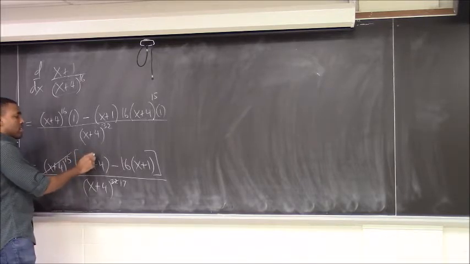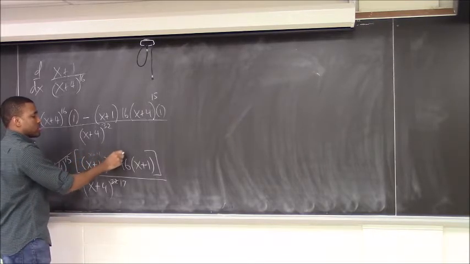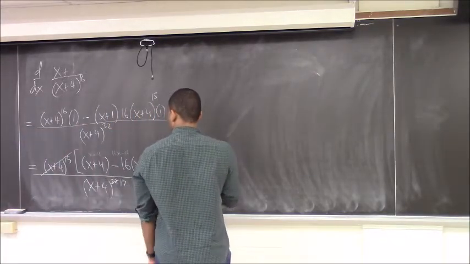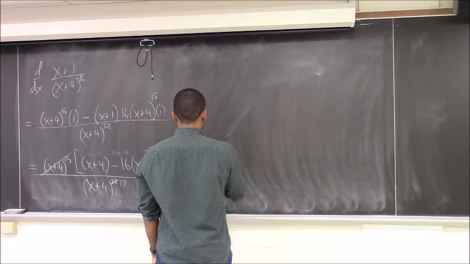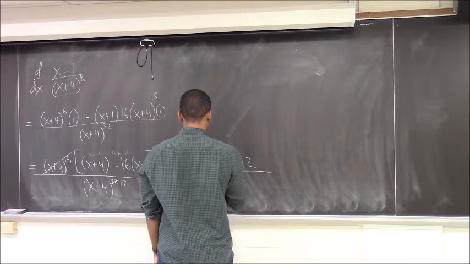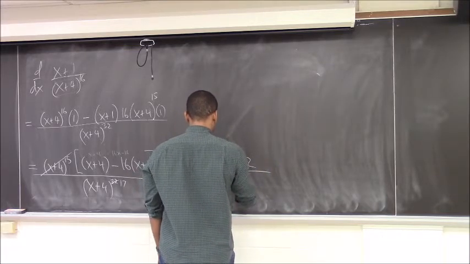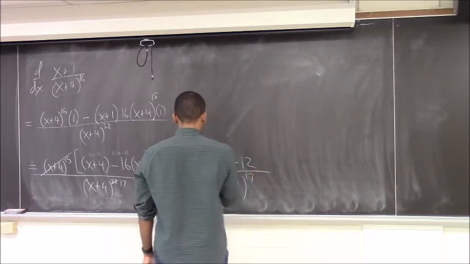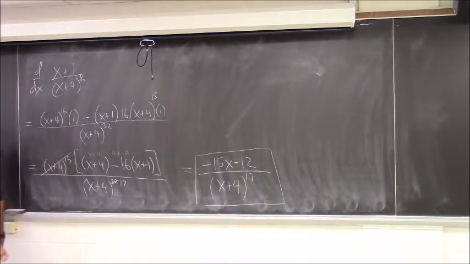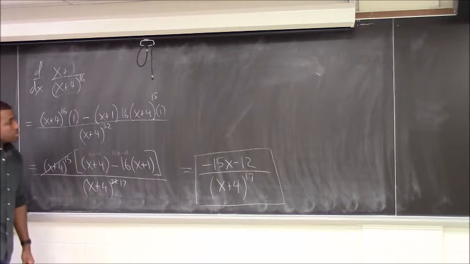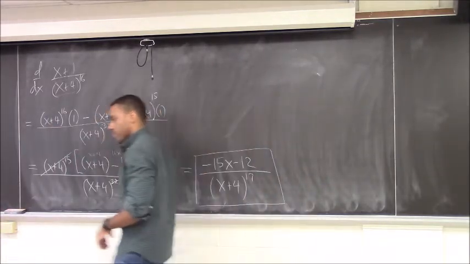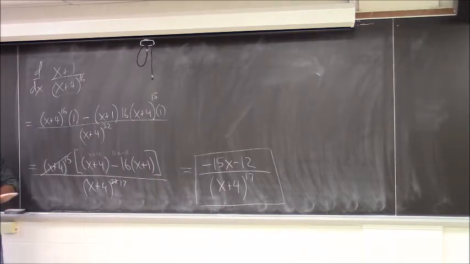On the inside here I have x plus 4 minus 16x minus 16. And so I would simplify that. Alright, calm down. And that would be your answer. We'll stop there because we're out of time anyway. We'll pick up on Friday.